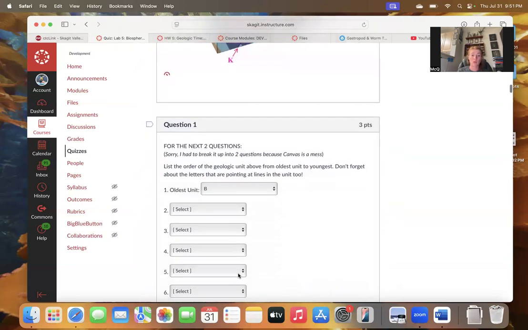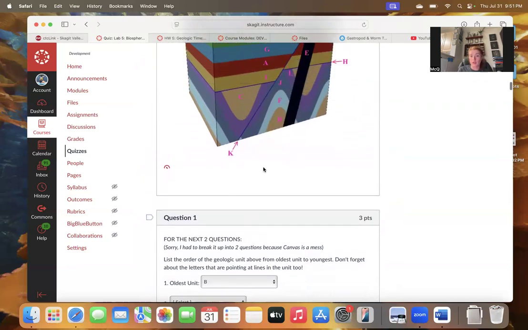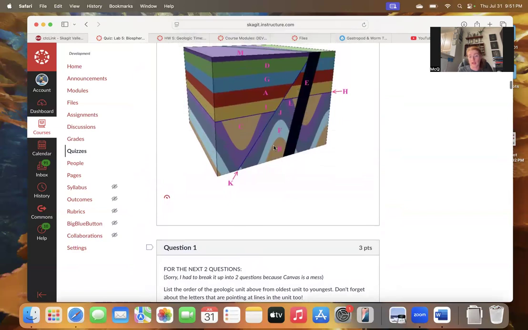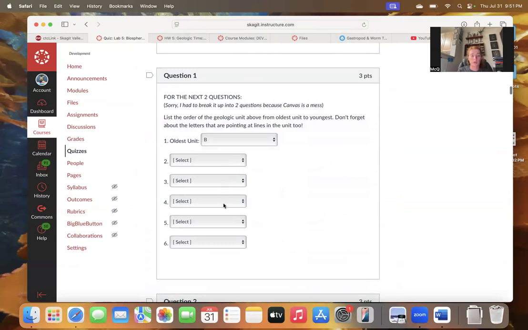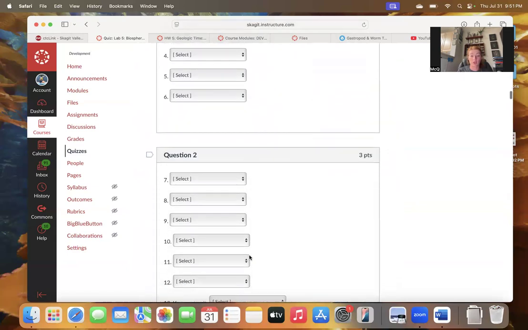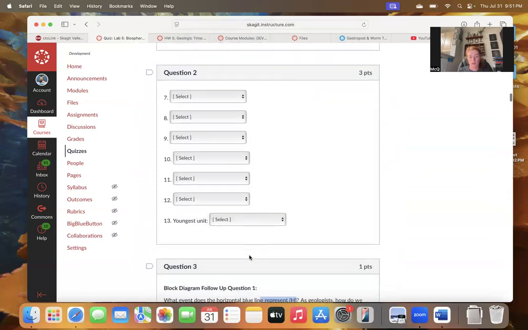Okay, so start with the oldest. I've already given you the first, well, I guess I did it in the lecture. But the oldest unit is B. And I don't feel bad giving you that because it's at the very bottom, and it's a good place to start. So start with B and then think about what's going to come after that. Here's the thing. If you mess up one of these, but you get all the other ones correct, I'm going to fudge some points for you.